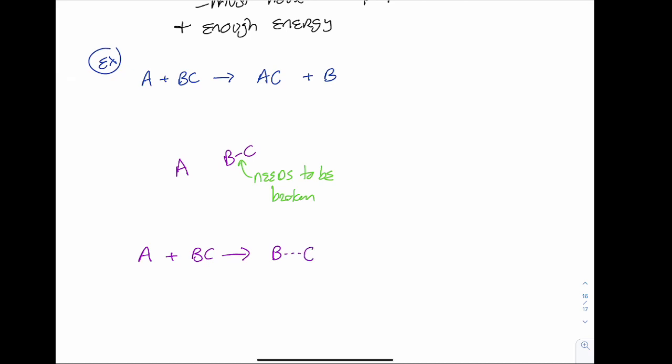And then I'm going to draw a dotted line between my new bond between A and C. So a dotted line between B and C, that's the bond I'm breaking. A dotted line between A and C, that's the bond we're forming. And then we finally have our products, right? B is by itself and A is bonded to C. So we said this was called our transition state.